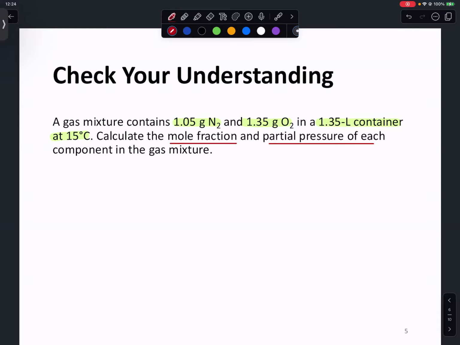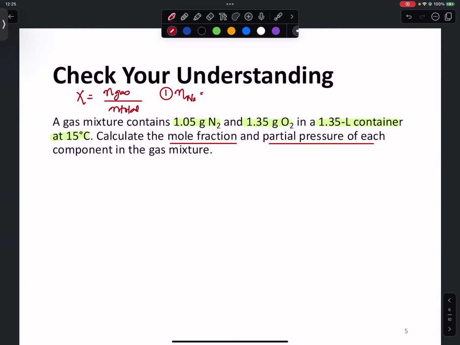So let's start with the mole fraction. The mole fraction, by definition, is the number of moles of the gas divided by the number of moles of the total. In this case, I need to first calculate the number of moles of each gas individually.